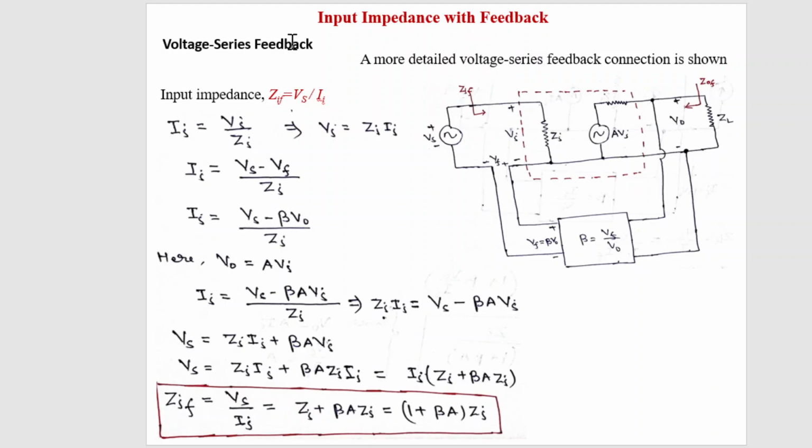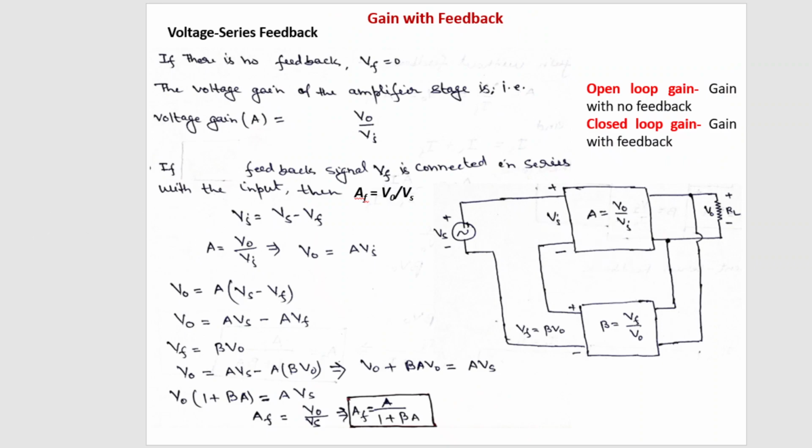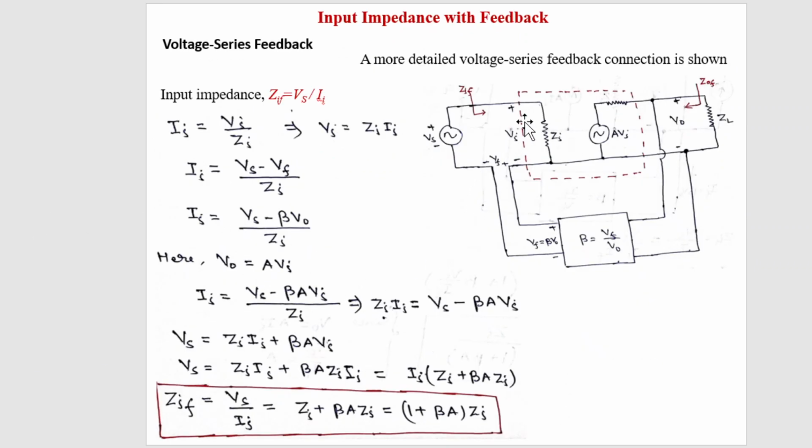So if you try to calculate the input impedance for this voltage series feedback, then input impedance with feedback, Zif, is equal to source voltage divided by input current, that is II. And II can be written as this voltage Vi, which we know, divided by input impedance without feedback, Zi.